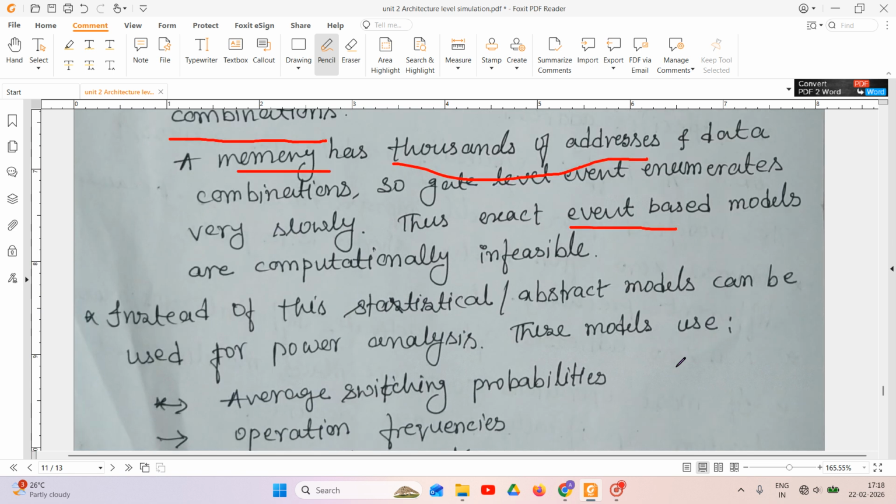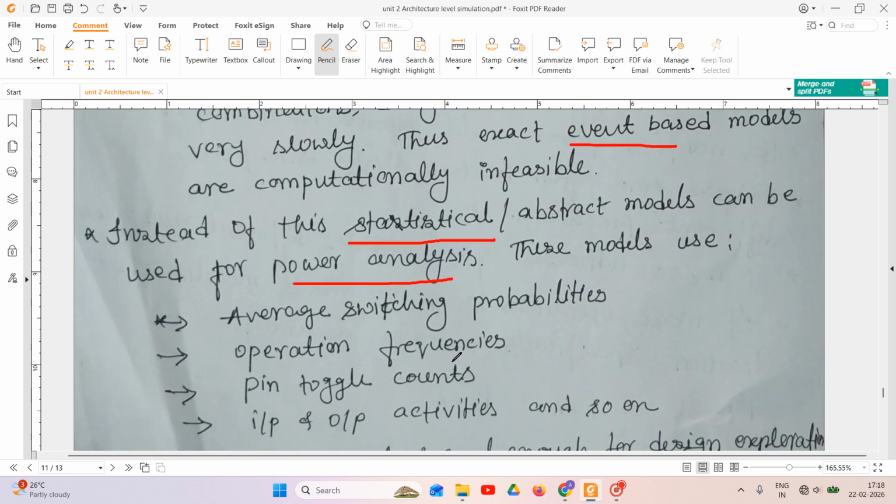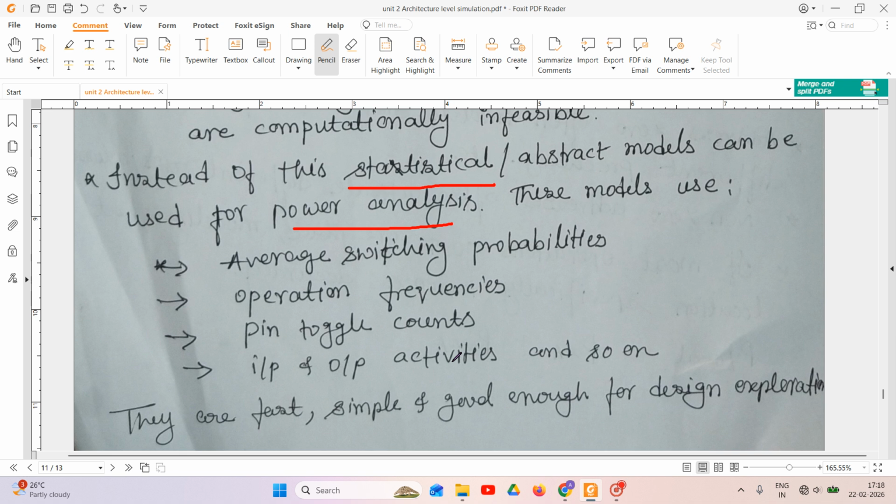So instead, in the architecture level, we use statistical power analysis. How do we do it? These models consider average switching probabilities.